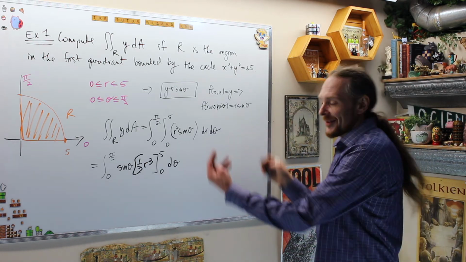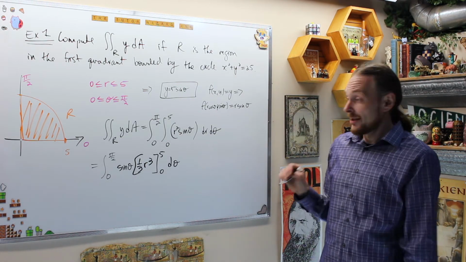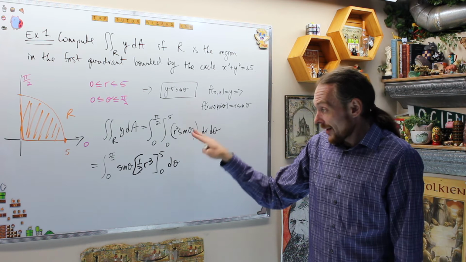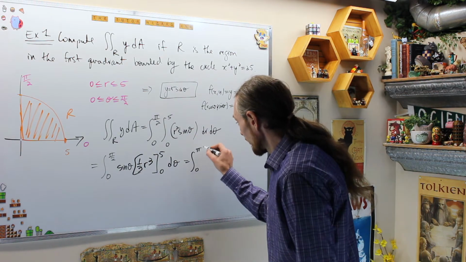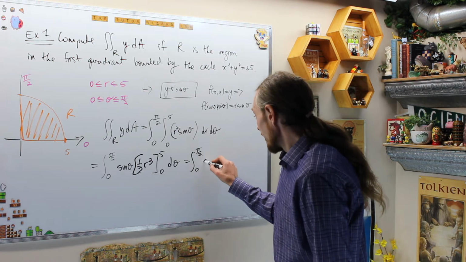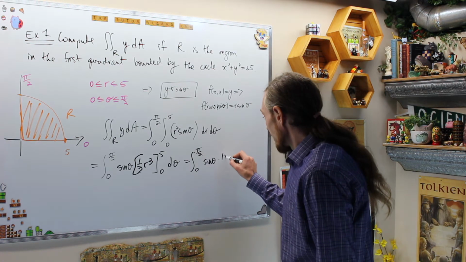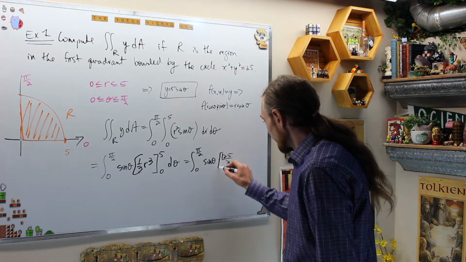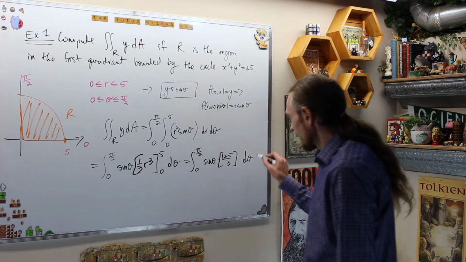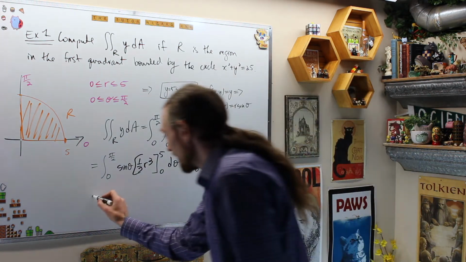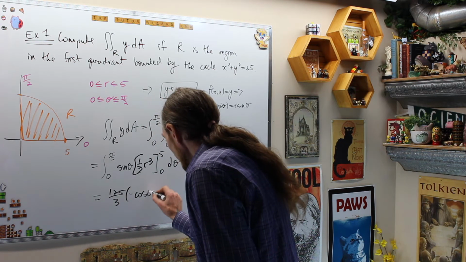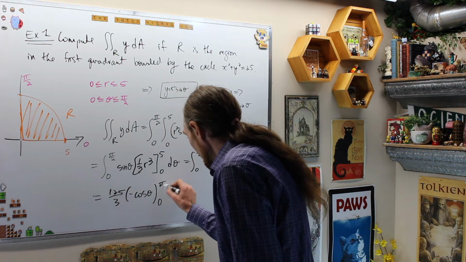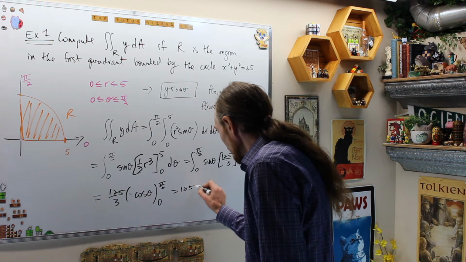And then now once you've done that, if you don't want to separate, don't then. I took the antiderivative of r, I held theta constant. Now I do that, that is equal to the integral from 0 to pi over 2 of sine theta times 125 over 3 d theta, which is now going to equal 125 over 3 negative cos theta, evaluated from 0 to pi over 2, which is equal to 125 over 3.